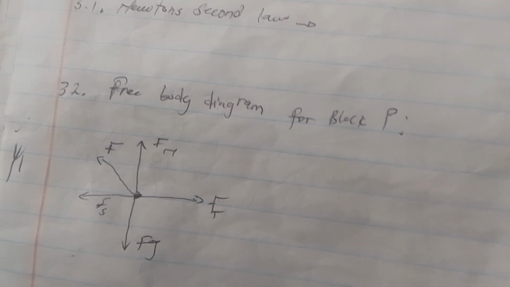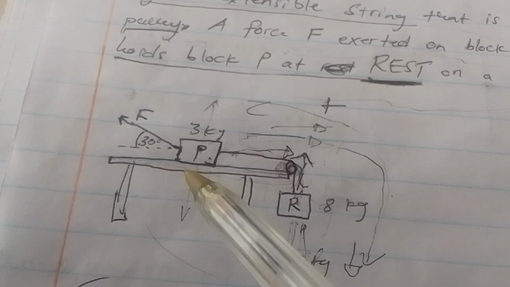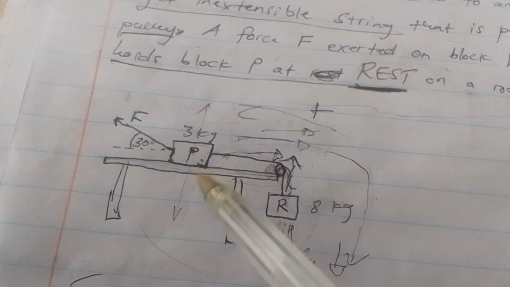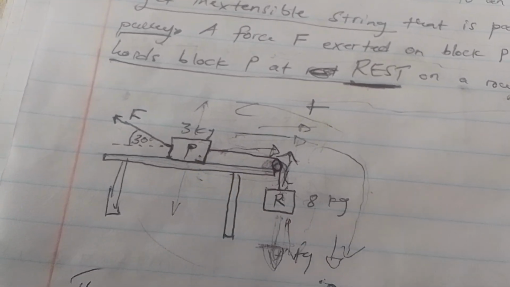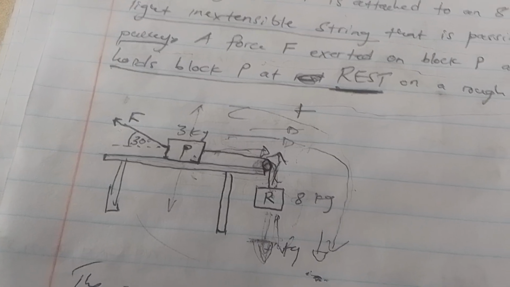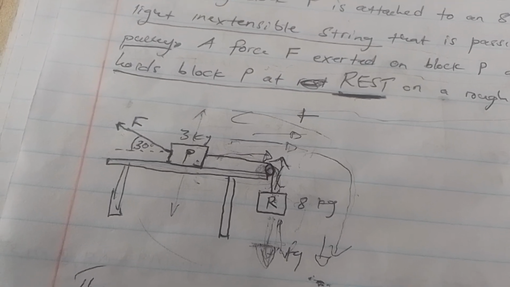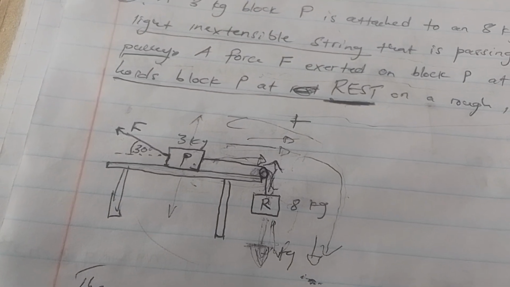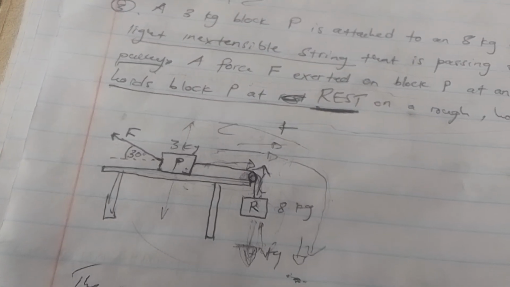We are required to draw the free body diagram for block P. So let's go back to our diagram and look for block P. You can see block P is on our horizontal surface. So don't forget those forces: normal force, force applied, force of gravity, frictional force, and the tensional force. They are five forces.